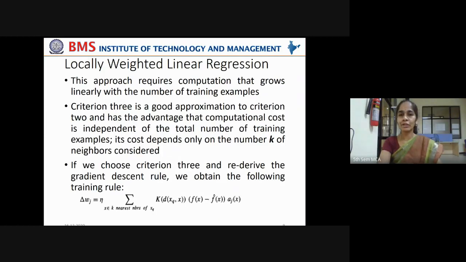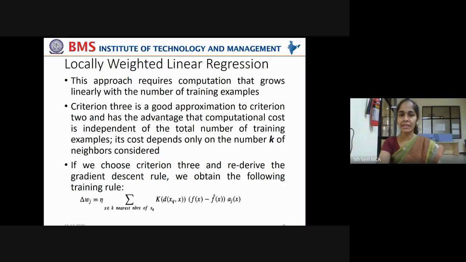This approach requires computation that grows linearly with the number of training examples. If you increase the number of training examples, the nearest neighbors also tend to increase. In that case, lots of computation has to be done to see which nearest neighbors play an important role in predicting the value of the outcome variable.